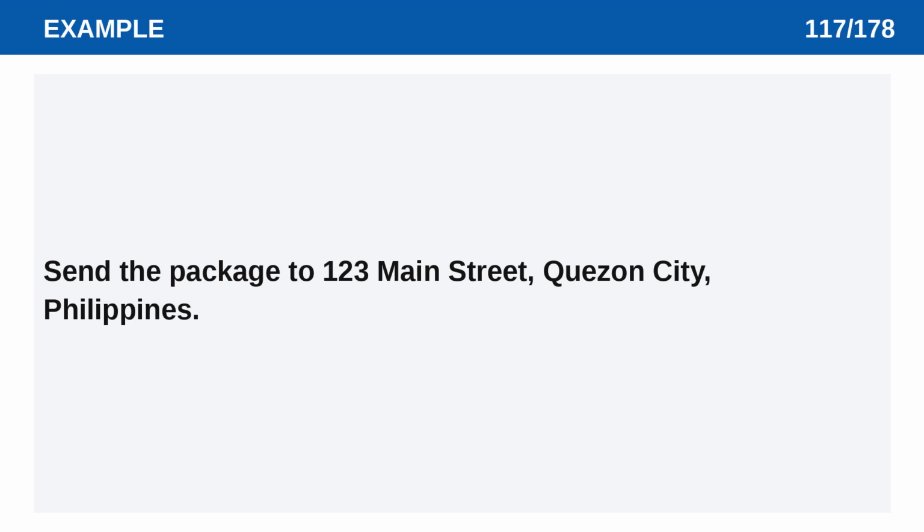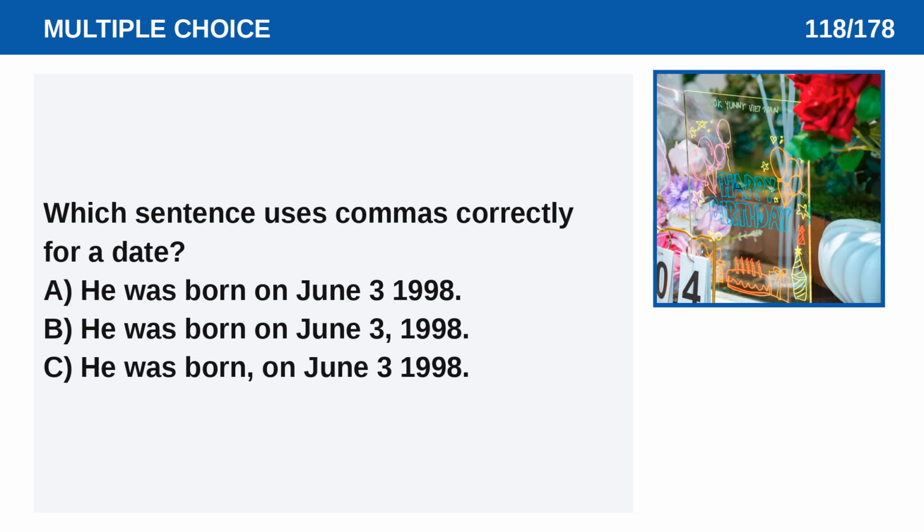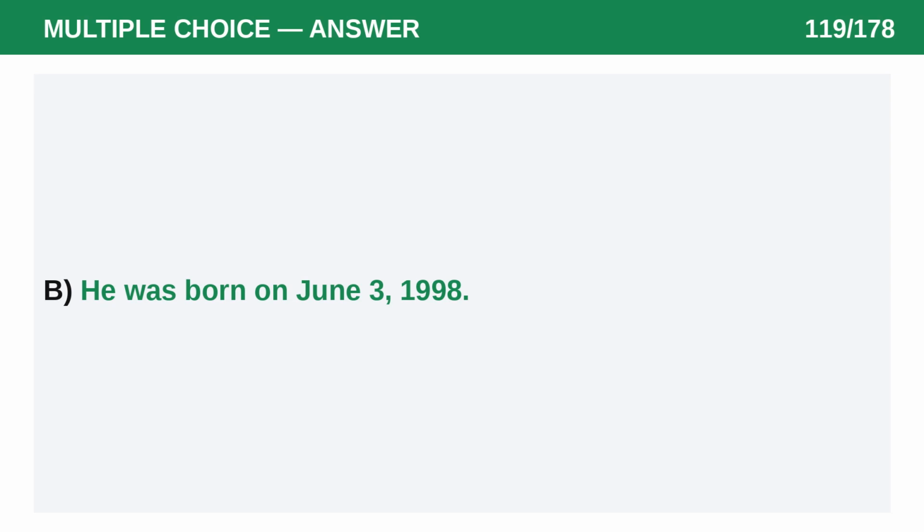Send the package to 123 Main Street, Quezon City, Philippines. Again, commas separate each part of the address. Which sentence uses commas correctly for a date? The correct answer is he was born on June 3, 1998.